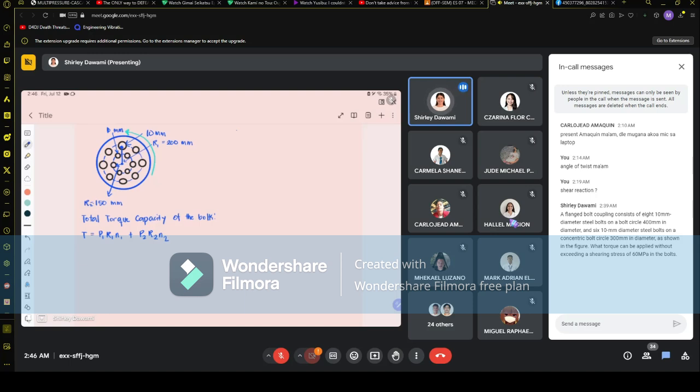Since we only have two bolt circles, we can substitute right away. So we have P1 times the R1 of 200 mm times the number of bolts, 8, plus P2 times R2 of 150 mm times 6 bolts. Okay, we will make this our equation 1.